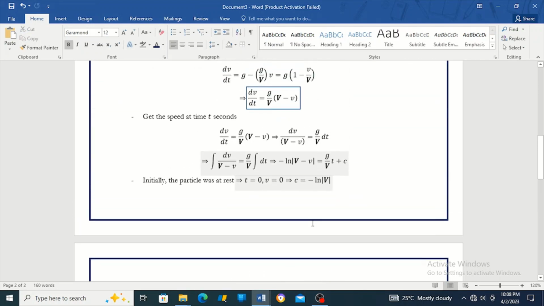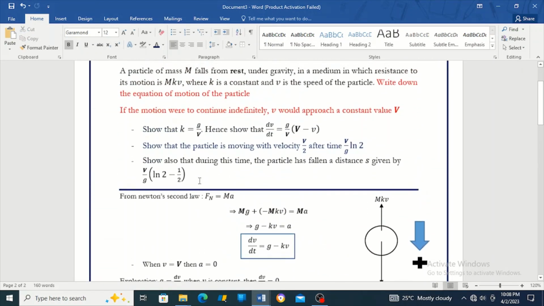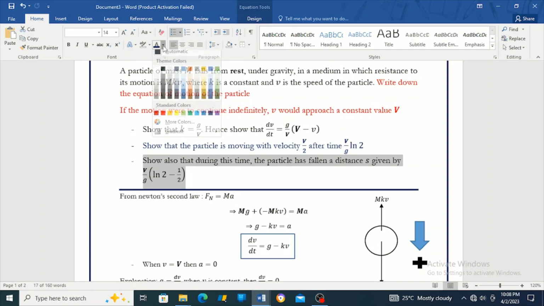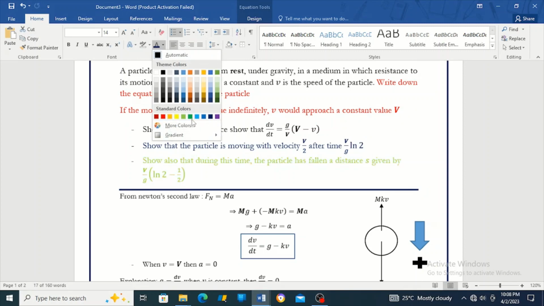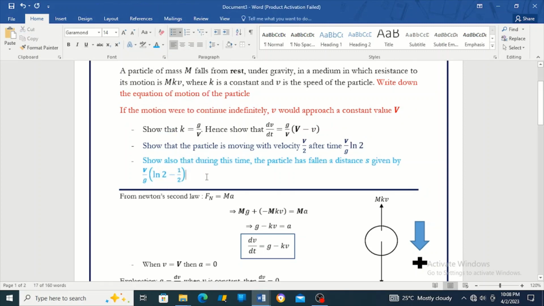Alright, now we have the last part of the equation, which is saying that we should show also that during this time the particle has fallen a distance of s given by what you can see. Okay, so we are showing that s is equal to this.